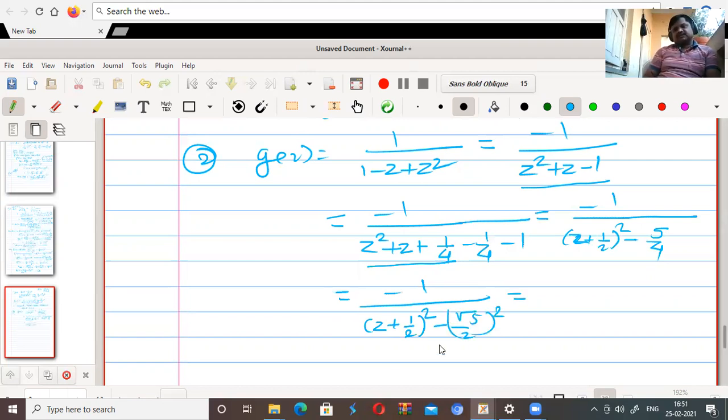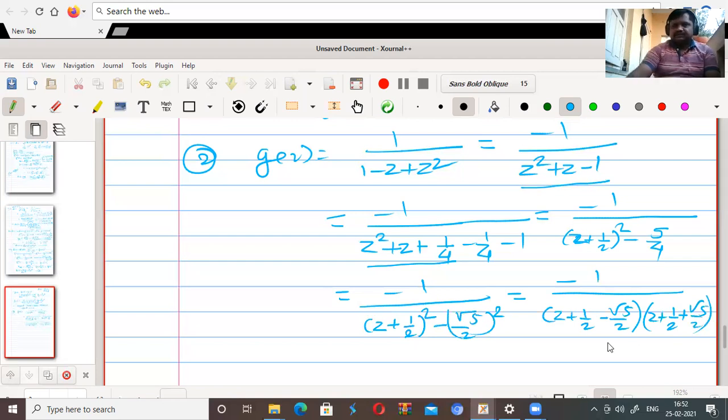This is in the form of a square minus b square. What is it now again? Minus 1 divided by z plus 1 by 2 minus root 5 by 2 in one bracket and z plus 1 by 2 plus root 5 by 2 in another bracket.